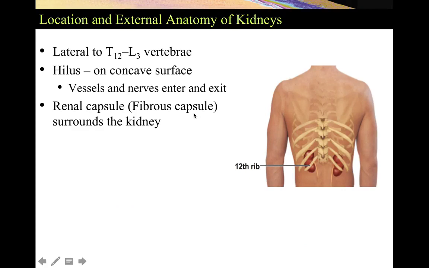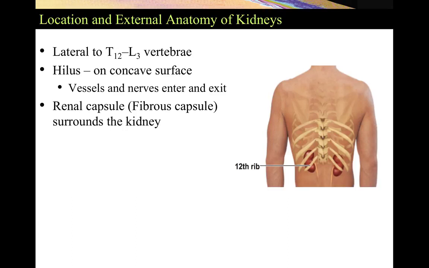In terms of protection, your kidney is partially protected by your rib cage. These are your floating ribs right here. You see this is rib 12. The majority of the kidneys are protected, however they are partially out and are protected by the muscular tissue that forms the posterior lumbar region of the body.